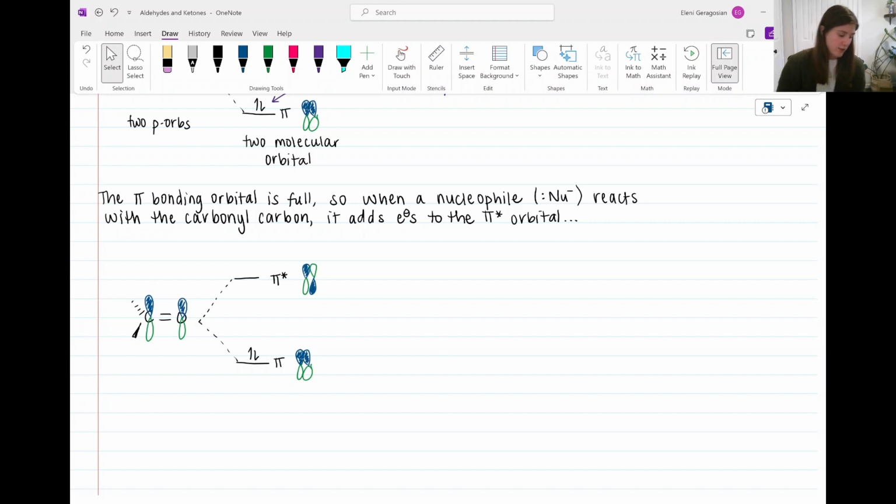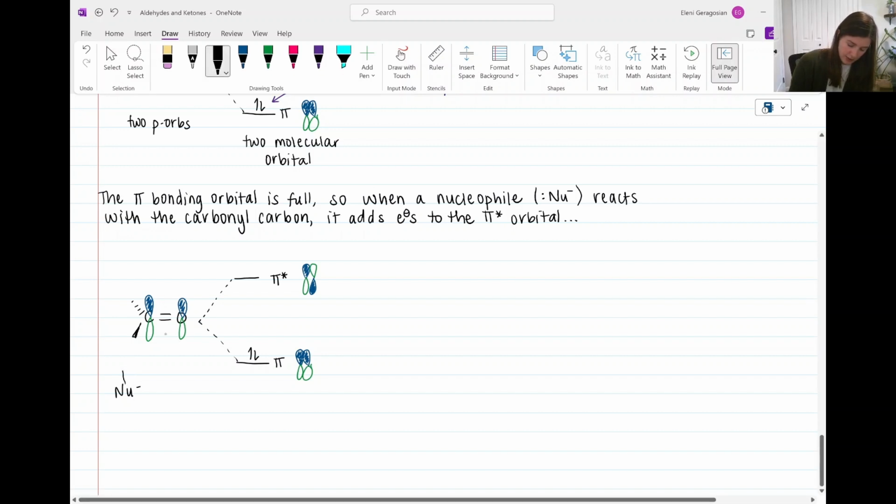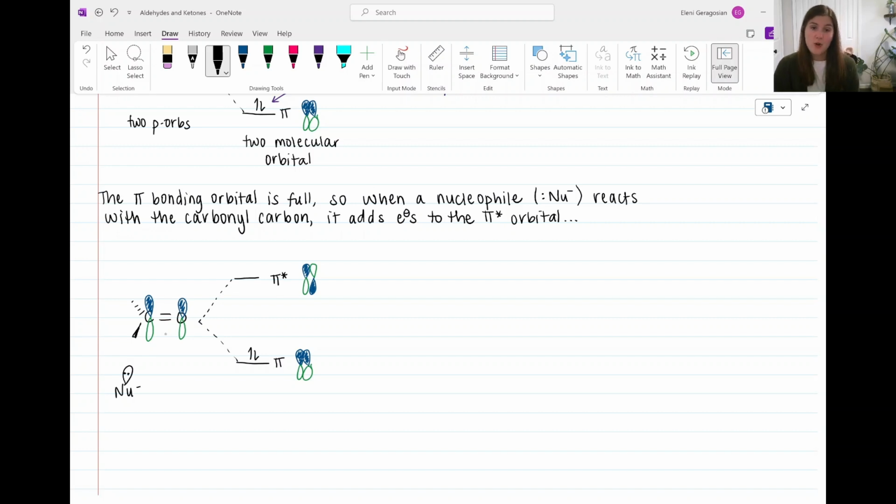So now if we have a nucleophile present, a nucleophile has, in some orbital, non-bonding electrons that will then overlap and be shared with the p orbitals in the carbon to oxygen bond. When the nucleophile reacts with the carbonyl carbon, it adds electrons to the pi star orbital.